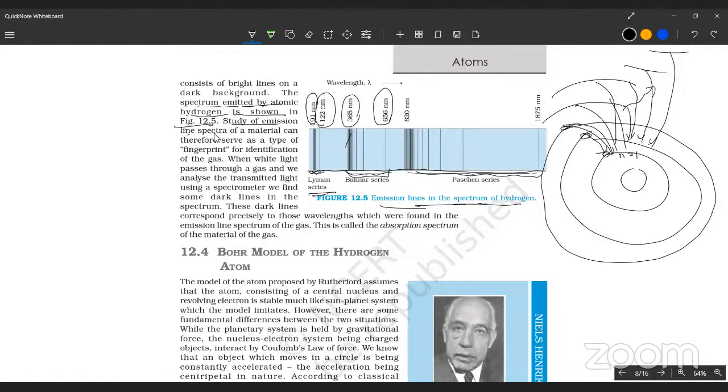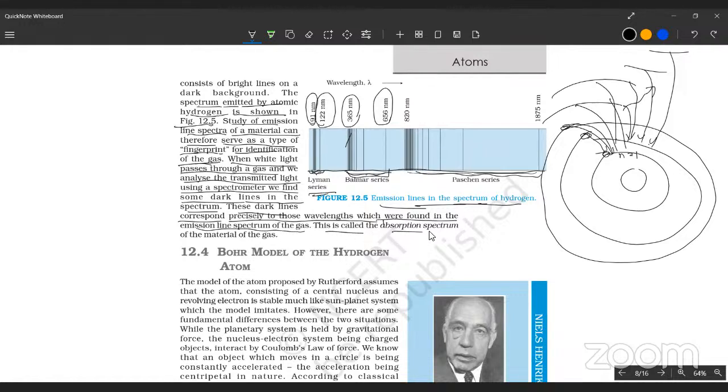Study of emission line spectra of a material can therefore serve as a type of fingerprint for the identification of the gas. When white light passes through the gas and we analyze the transmitted light using a spectrometer, we find some dark lines in the spectrum. These dark lines correspond precisely to those wavelengths which are found in the emission line spectrum of the gas.